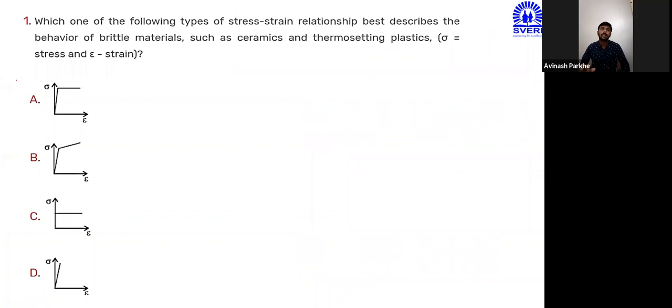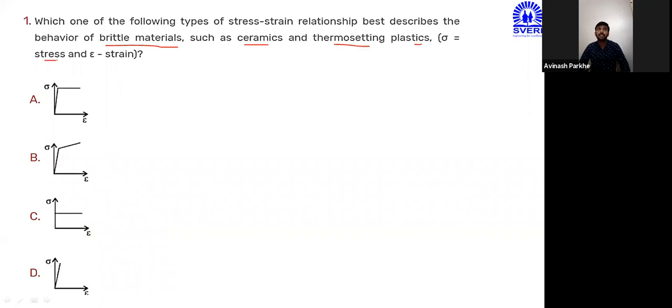Okay. Now, the next problem is related to the stress strain diagram. Let us see here. Which one of the following types of stress strain relationship best describes the behavior of brittle material, such as ceramic, thermosetting plastic?